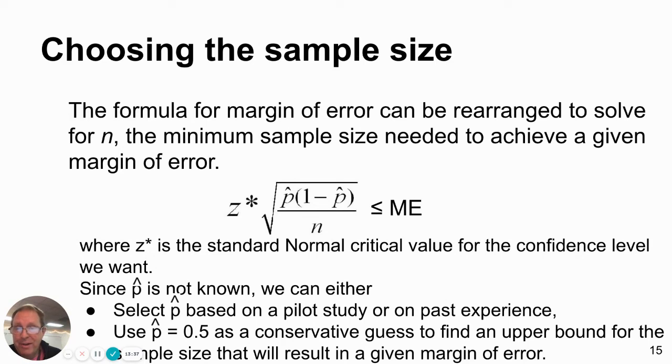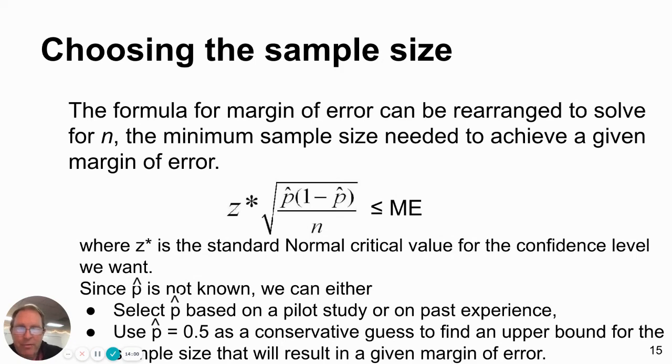And since P hat is not known, we have to use one of two approaches. We're going to select P hat based on a pilot study or on past experience, or we're going to use P hat equal to 0.5 as a conservative guess to find an upper boundary for the sample size that will result in a given margin of error.